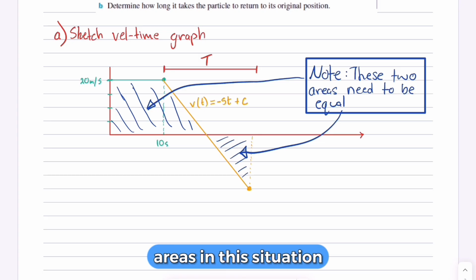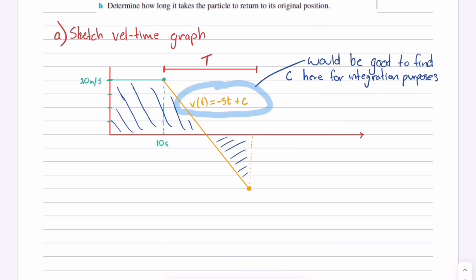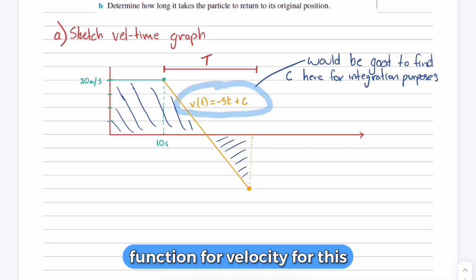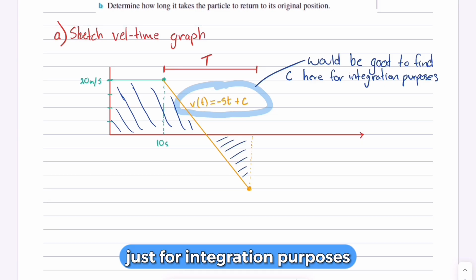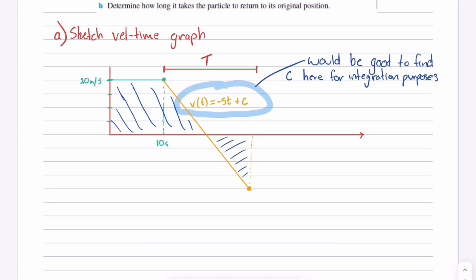Now in this situation, because we do have a function for velocity for this second part of the graph, it would be good to find c here, just for integration purposes. It's going to help later on, right? To find c, I just need to substitute another point that is known on this line.